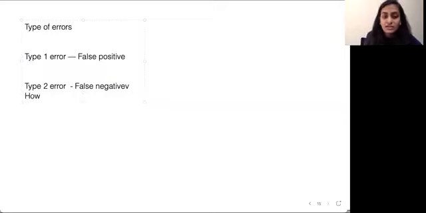So that is why it's called an error. How do we reduce errors? How do you reduce errors in a study? You do a random sampling, very good, random sampling. You use a large sample size.